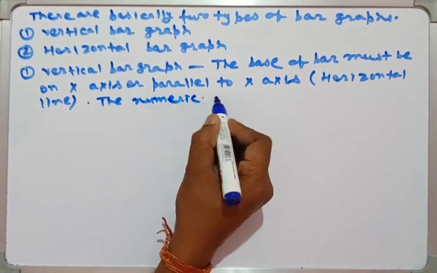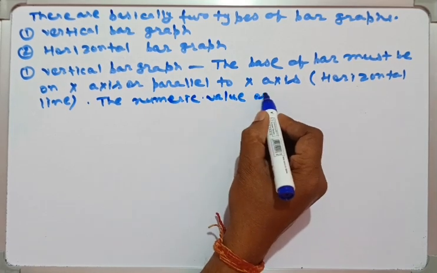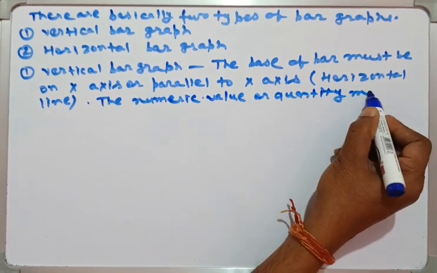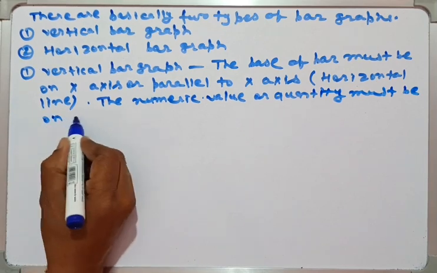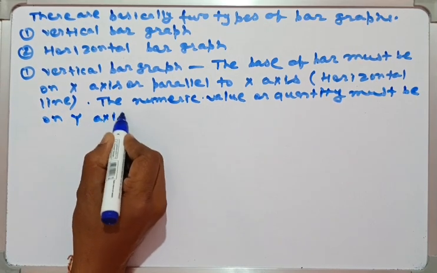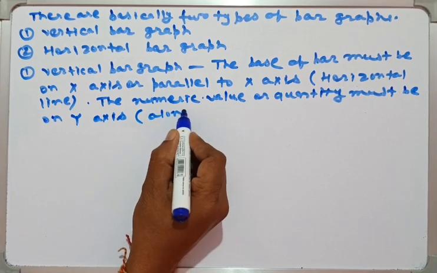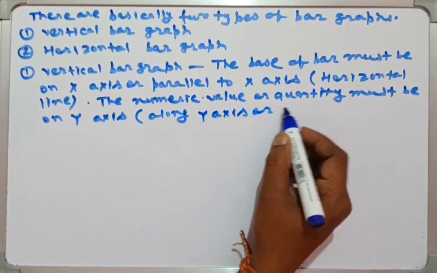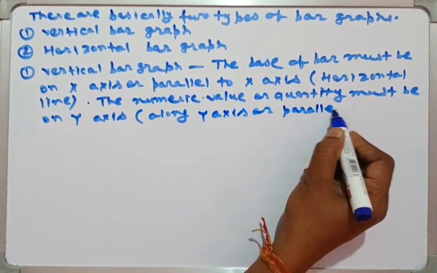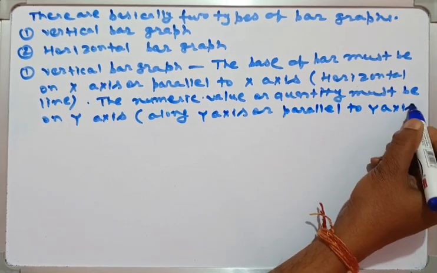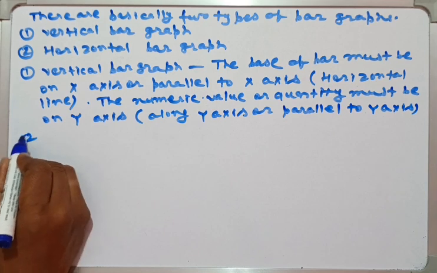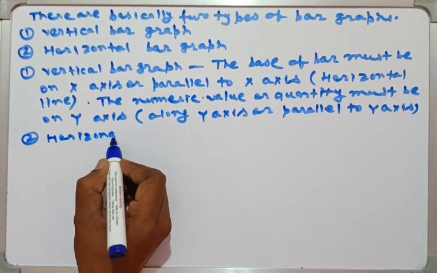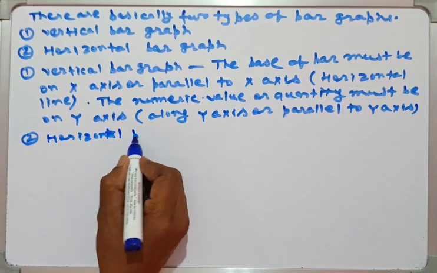Okay guys, the second thing is that the numeric value or quantity must be on the y axis, or you can say along the y axis or parallel to the y axis. Next one is the horizontal bar graph.